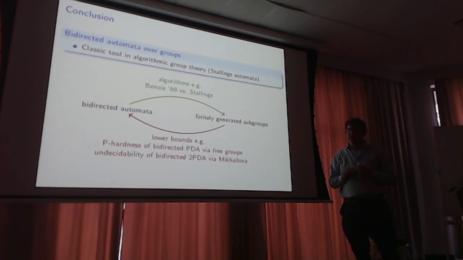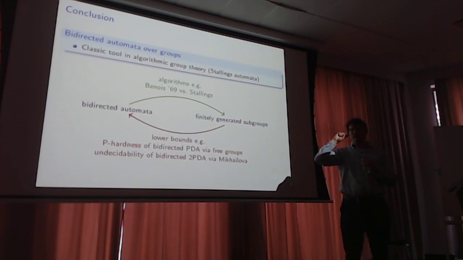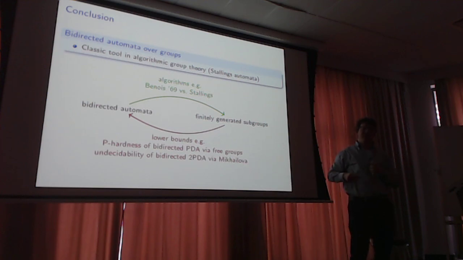But if you just have bidirected Turing machines, undecidability is not difficult, because there's a trick that if you have a deterministic system, you can always make it bidirected. If you add back edges, you don't destroy anything, because all you can do is go back, but eventually you have to go forward again. So for Turing machines, that's much easier.